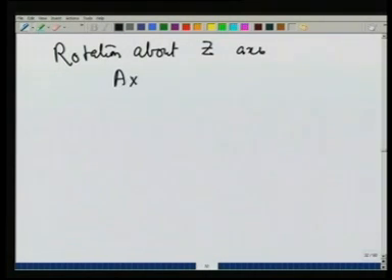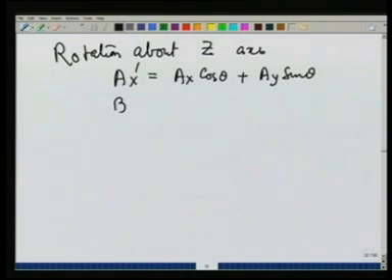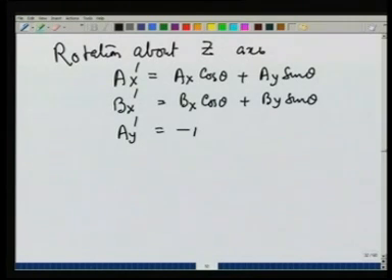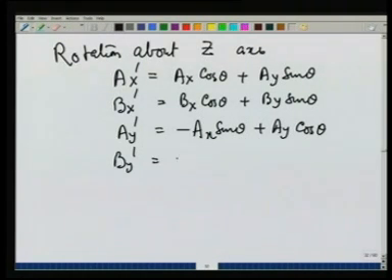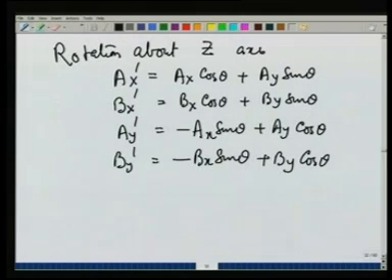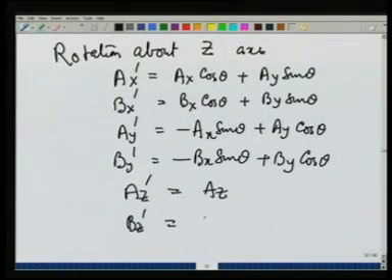In that case, ax prime would be equal to ax cosine theta plus ay sine theta, bx prime would be similarly bx cosine theta plus by sine theta, ay prime would be minus ax sine theta plus ay cosine theta, by prime would be equal to minus bx sine theta plus by cosine theta. az prime would be the same as az, because the z axis is not changing, I am rotating about the z axis. bz prime would be the same as bz.